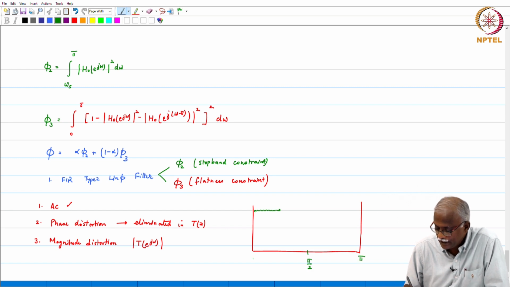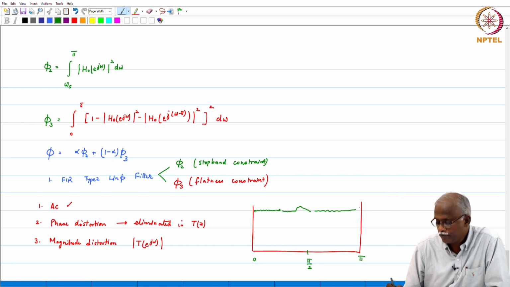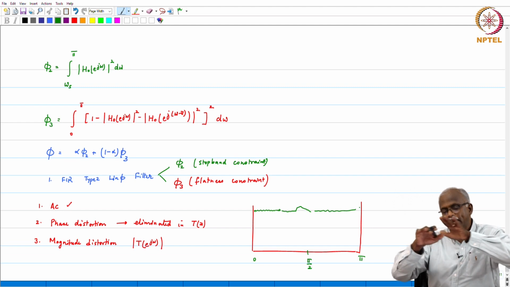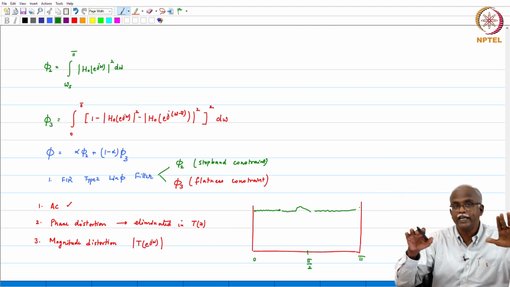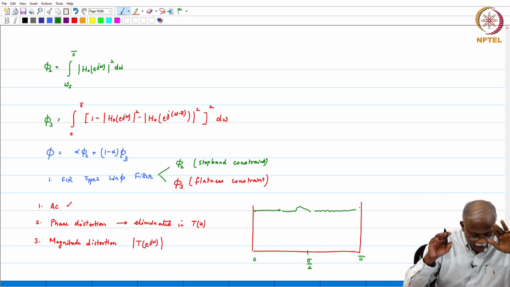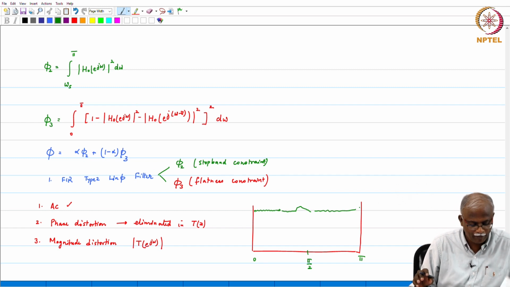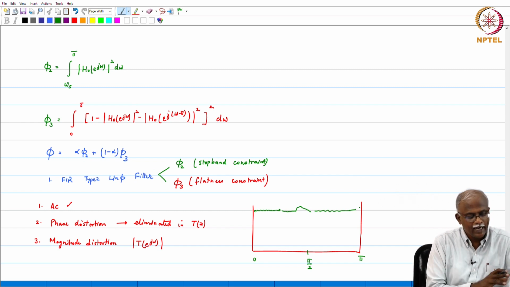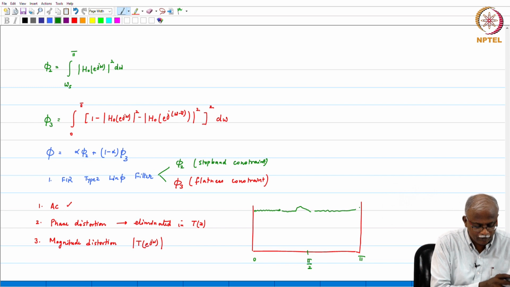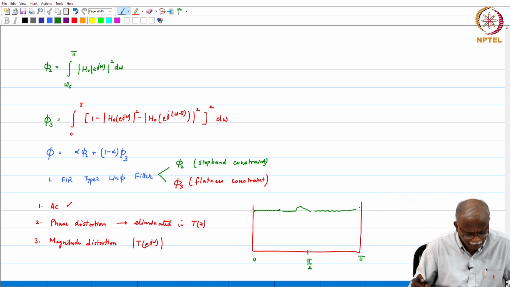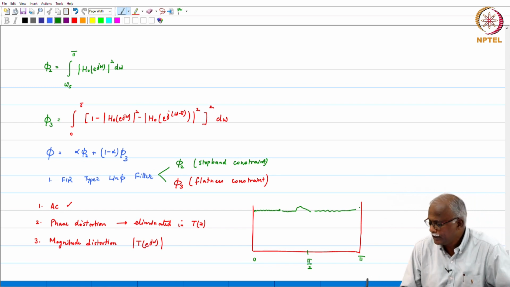This is pi, this is 0. So around here maybe a small bump, and then it remains flat for the rest. So basically we have something that is approximately flat. It's not exactly flat, but it becomes approximately flat. So this is a very powerful result which we are able to leverage for our designs.